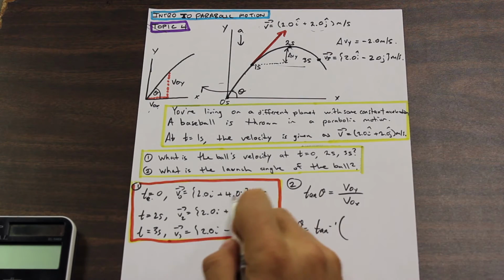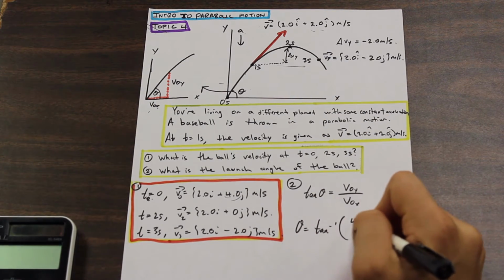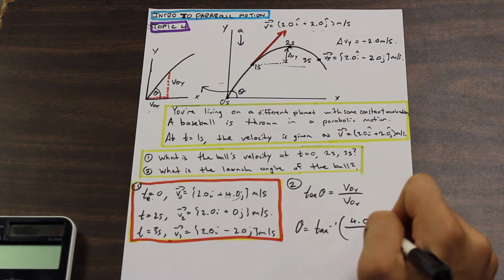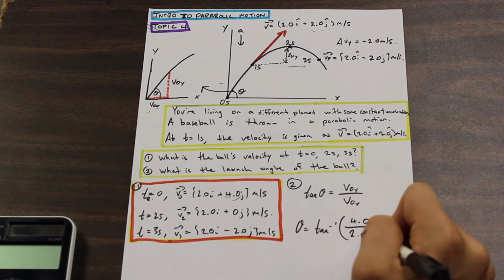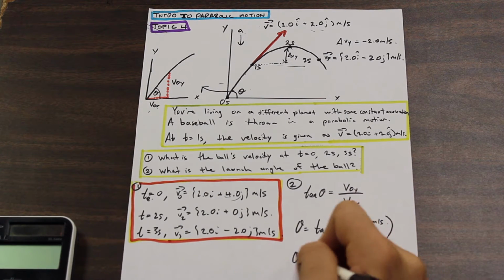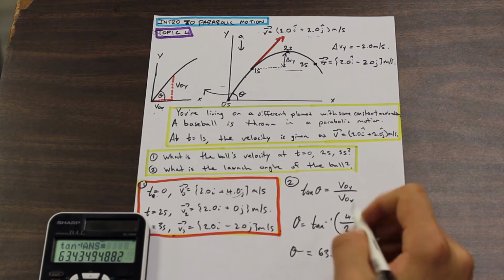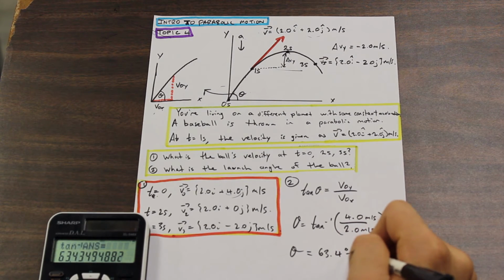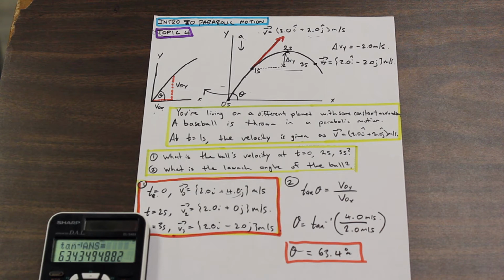We have 4j, right? Because j is our y direction. And we have meters per second, and we have 2 meters per second in the x direction. Let's go ahead and solve that. So we should be given a launch angle, or our theta, of 63.4 degrees.